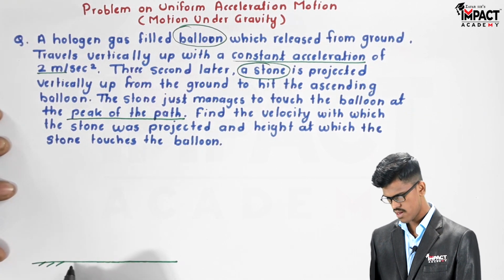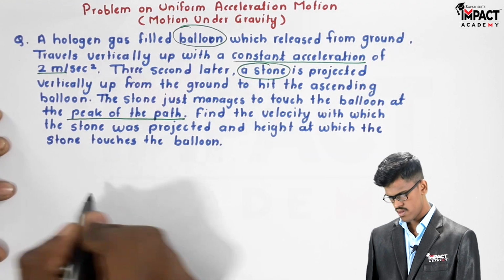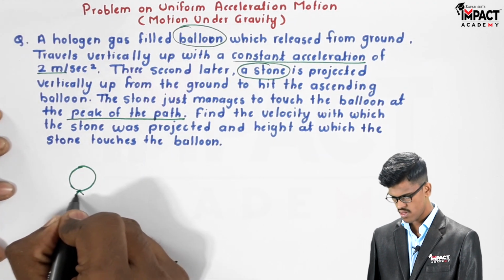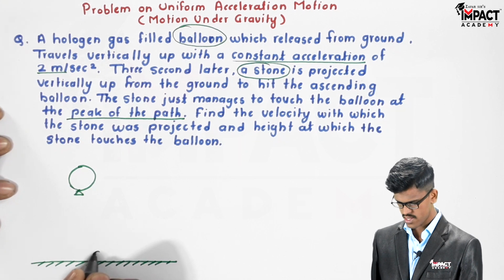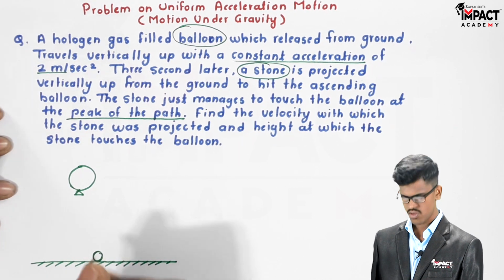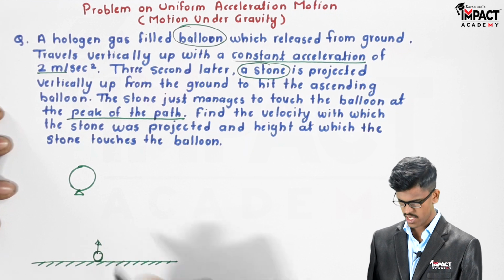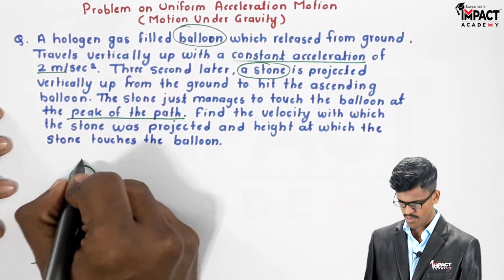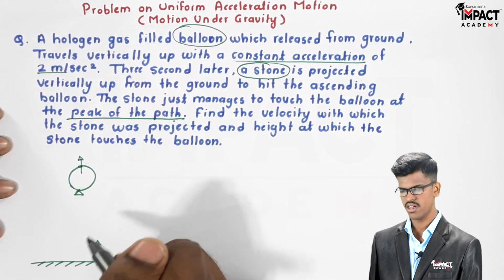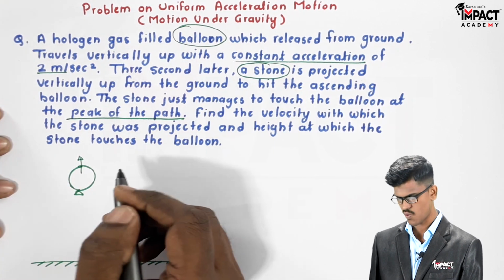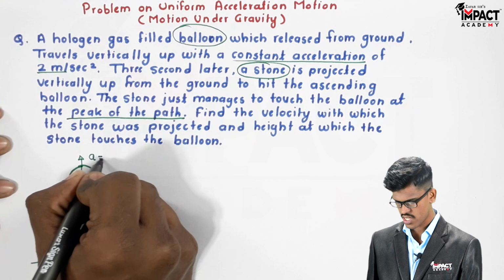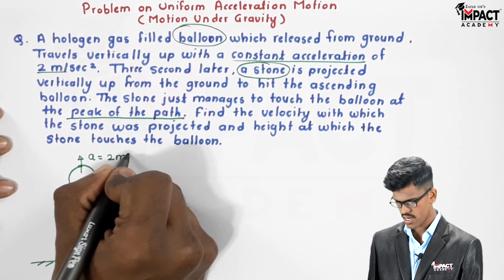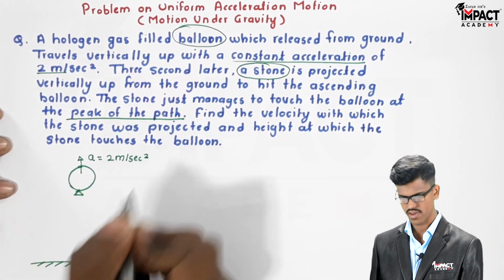This is the ground level. This is a balloon. Okay, it is a stone. The stone is projected in the upward direction, and the balloon is also released from the ground and moving in the upward direction with an acceleration of 2 meter per second square.